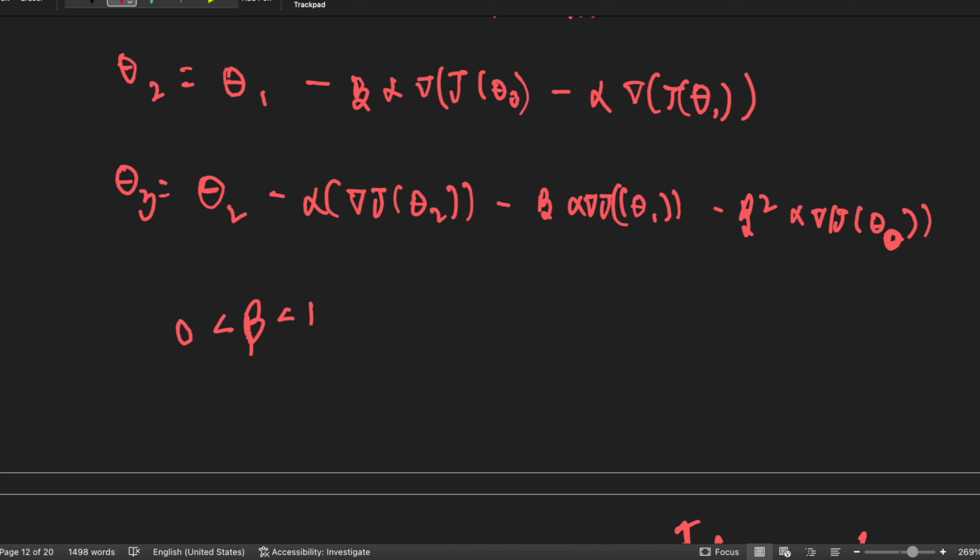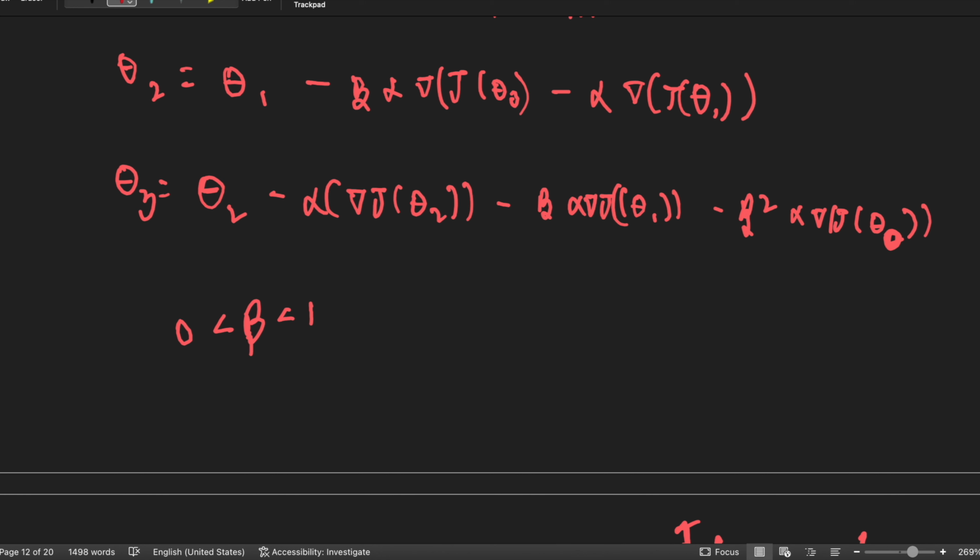As we move further, the gradients of previous weights become less prominent, as we are multiplying them with a beta whose value is between 0 and 1.